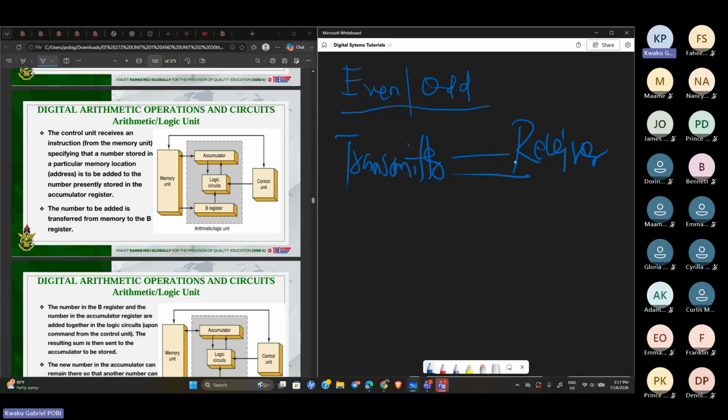Now, when it gets to the receiver side, it's the duty of the receiver to use the checker to detect whether there is an error in it or not. So if there's an error, then it uses that mechanism to correct it. If there is no error, then you just receive the signal. That's all. So that's a practical way of thinking about the usage of parity generator and parity checker.